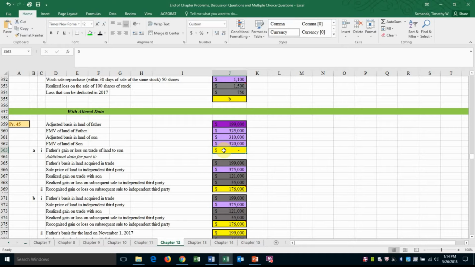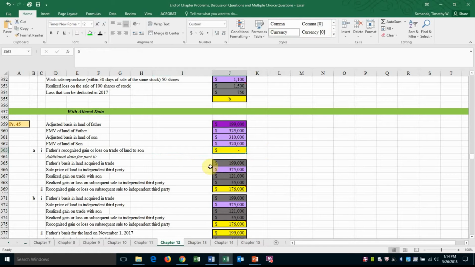Because he has an adjusted basis in the land of $200,000, and he's receiving something of value, $320,000 fair market appraised value, from his son. However, that realized gain is not recognized. So if I change this to father's recognized gain, there's zero at the time of the trade.